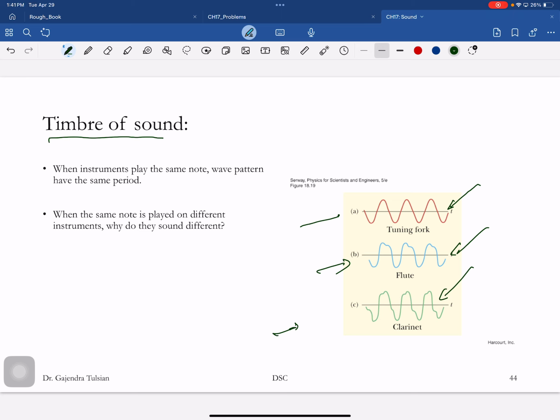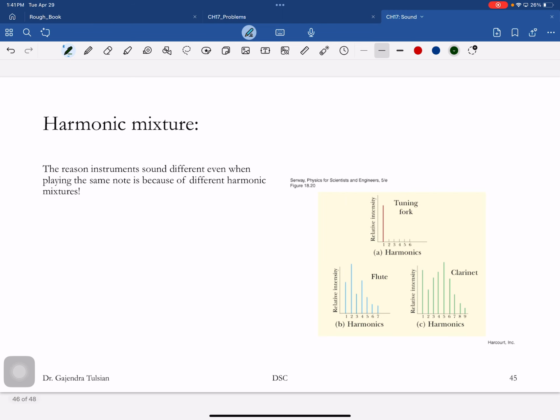This is a pure tone, but this has harmonic mixtures. If you break this up, the tuning fork is just playing the fundamental. The flute has all these harmonic mixtures. And you see the clarinet has higher amounts of higher harmonics, so it sounds tinier than the flute.